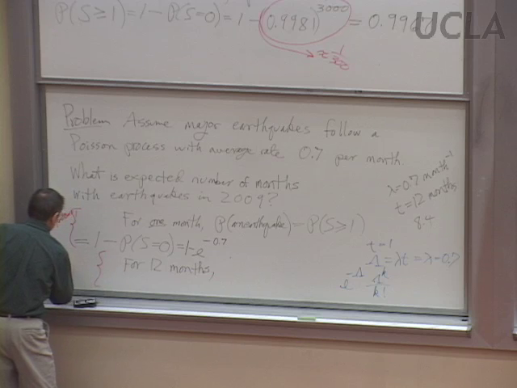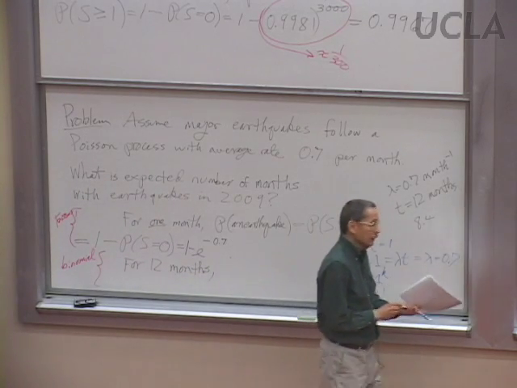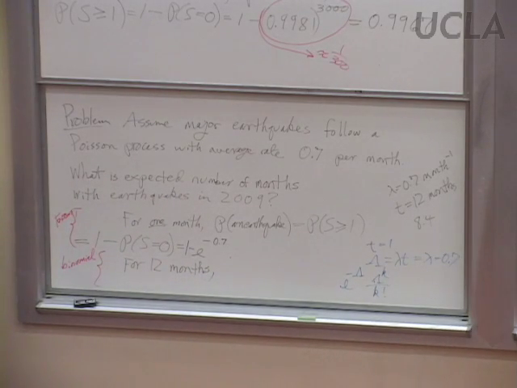Now we have to shift our thinking, because we have these 12 independent trials, where success means, yeah, there is an earthquake or more than one in that month.